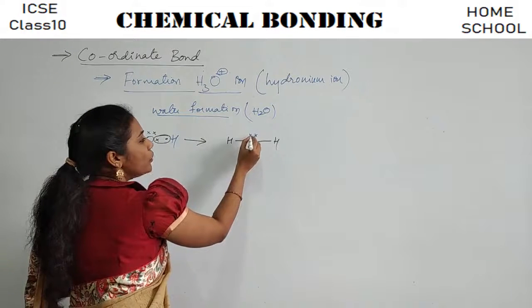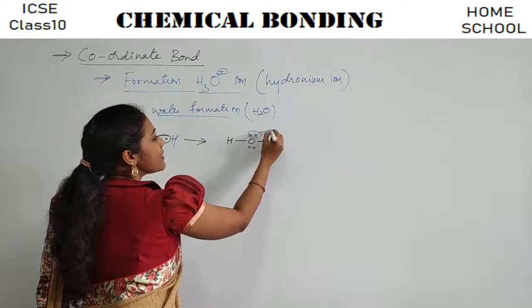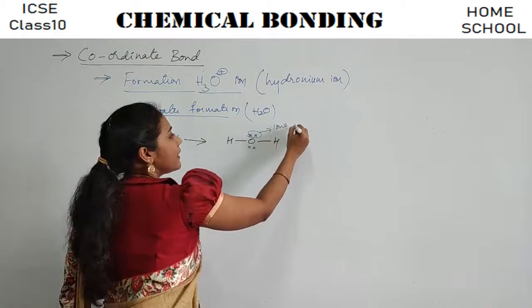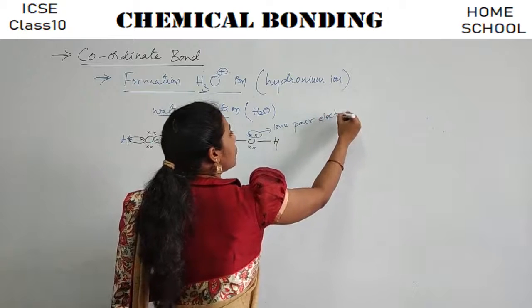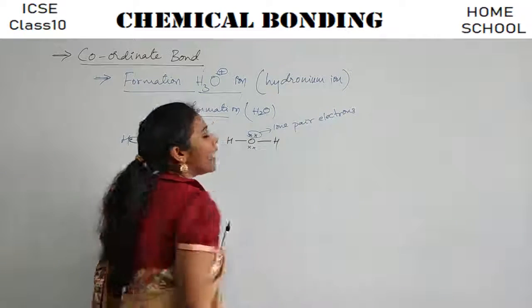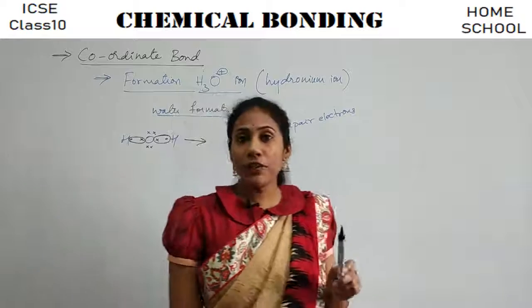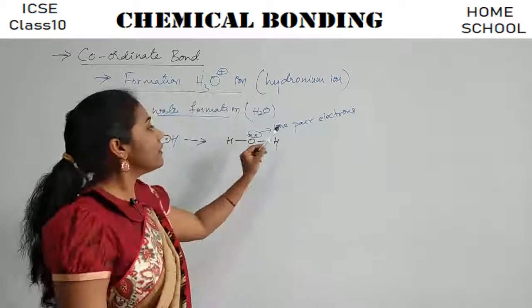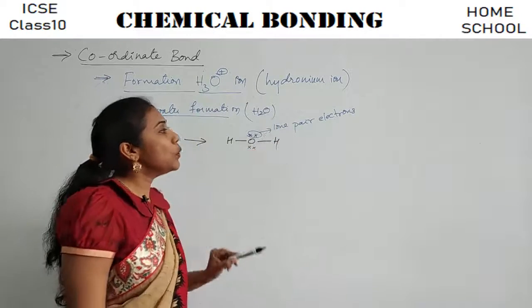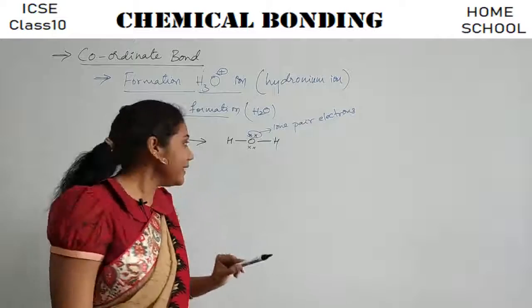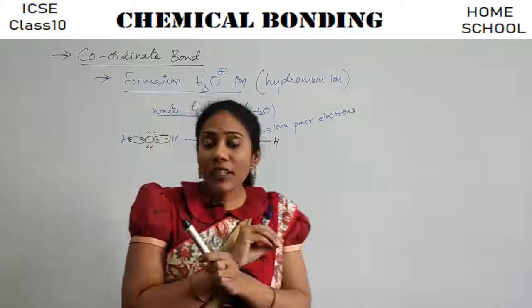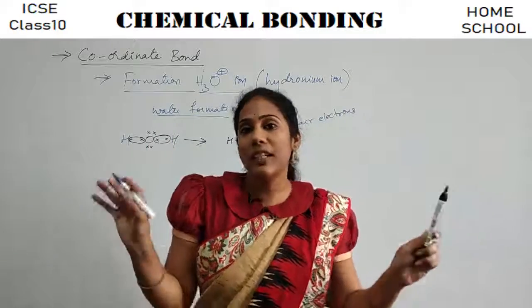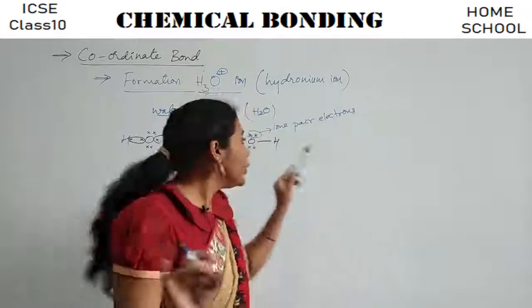And you know what we call these electrons? Lone pair of electrons. I explained this in the previous video when I told about covalent bond formation. The electrons which are not shared on a particular atom are called lone pair.